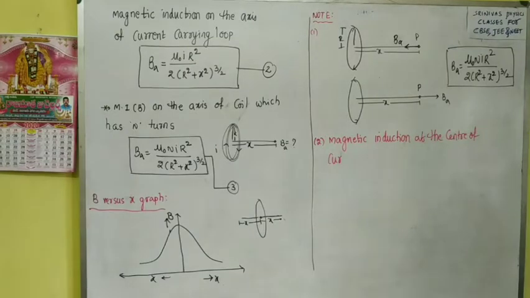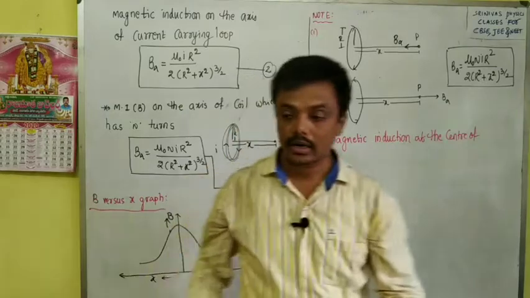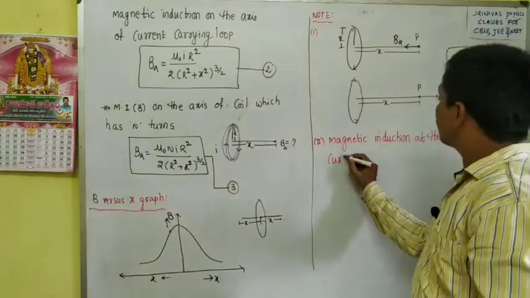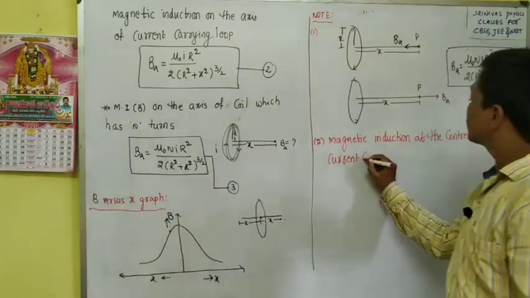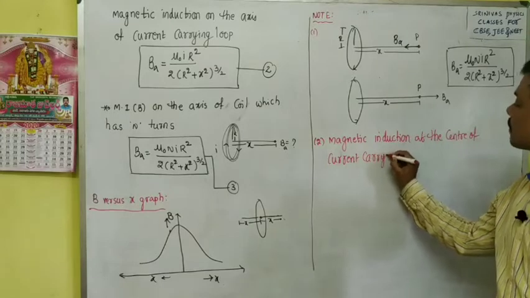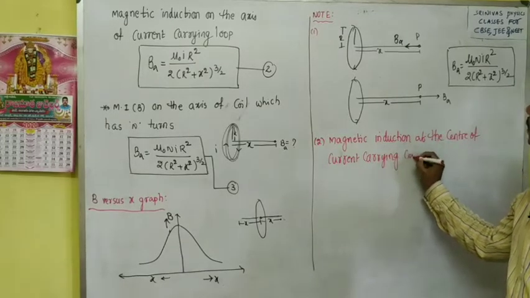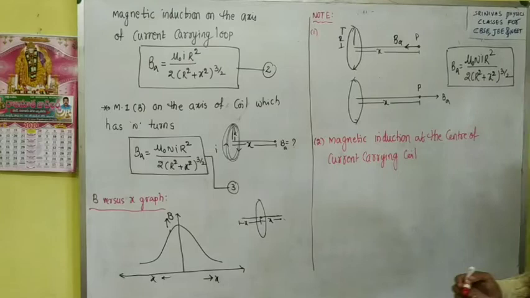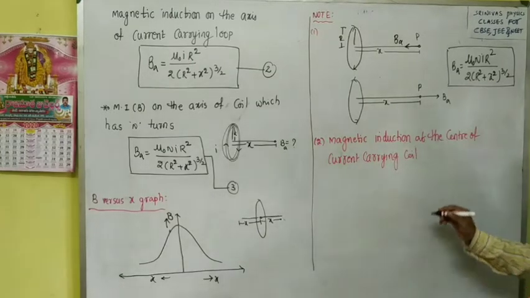Then how to find it out? Let us see how to find out the magnetic induction at the center of a current carrying coil. Look at here.